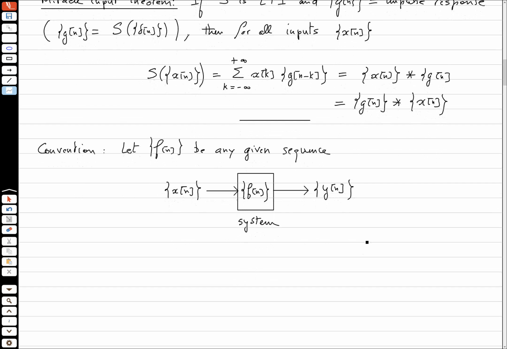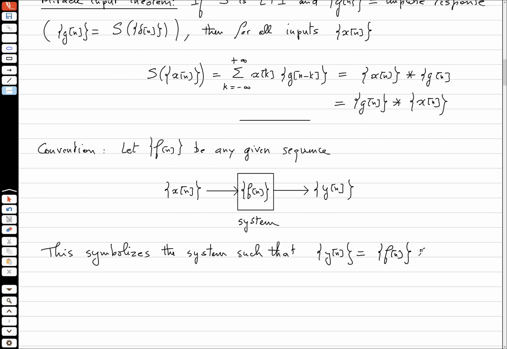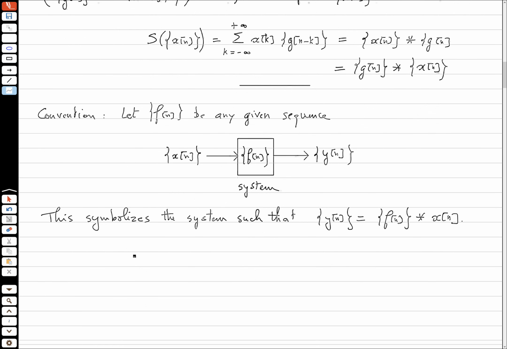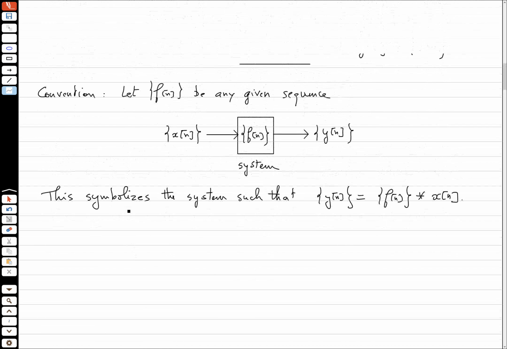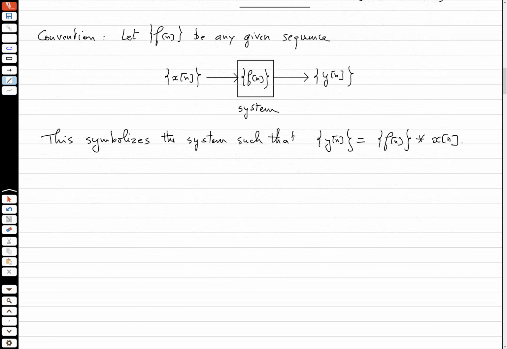And this symbolizes the system S, the system such that y of n is equal to f of n convolved with x of n. It's symbolized.